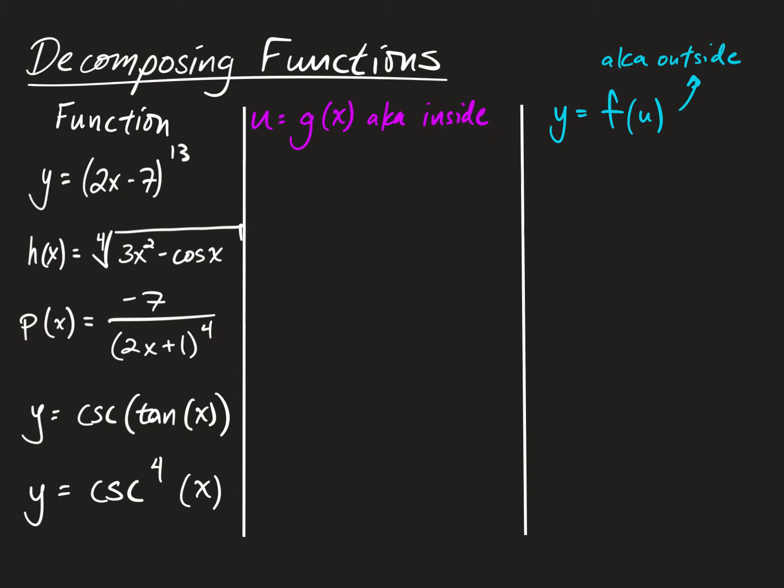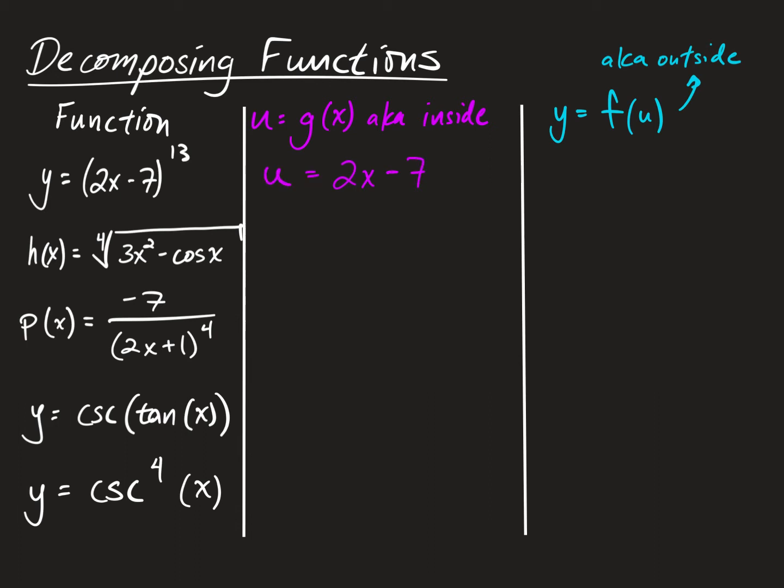All right. One of the really big indicators of where the inside and outside functions are is first trying to find the inside function. In this case, in the very first example, we can just see what's inside the parentheses. And inside the parentheses here, we have 2x minus 7.